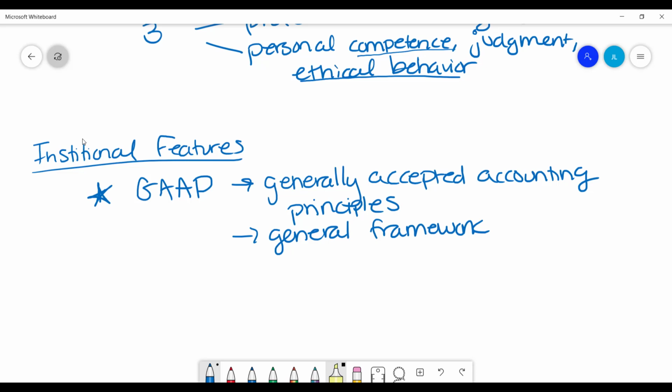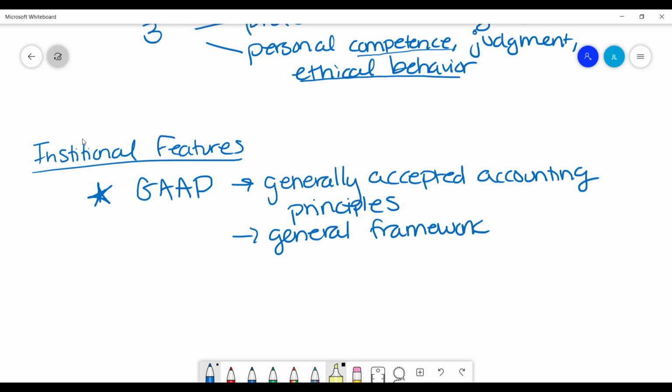Really, GAAP, because we have all this information, right? If we're looking at an organization, it might have a bunch of information, a bunch of these transactions. But what GAAP helps us do is figure out how we need to bundle that information into these neat little packages, right? Which can be those financial statements, or essentially the financial report, so that those little packages can be delivered to those external users so that they can actually make use of it.